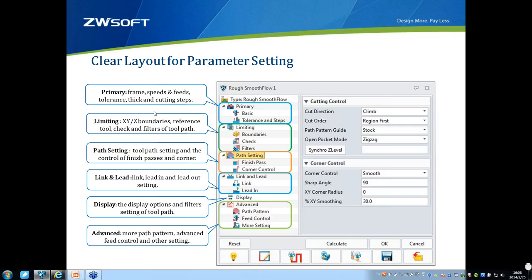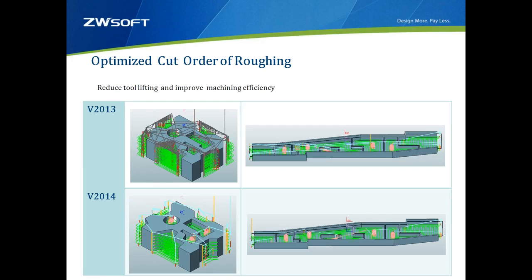The second one is some functionality improvement. It's about the toolpath order, or maybe we can say the region priority rule. Here we list the difference between 2013 and 2014.